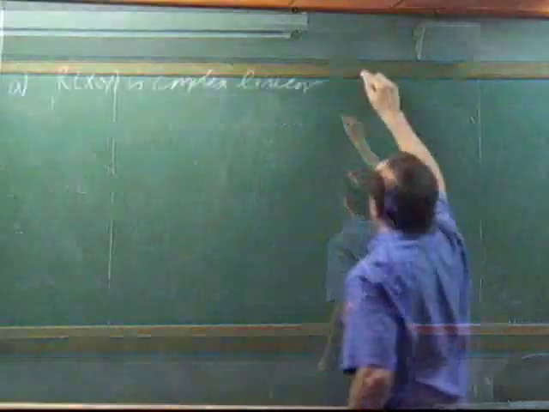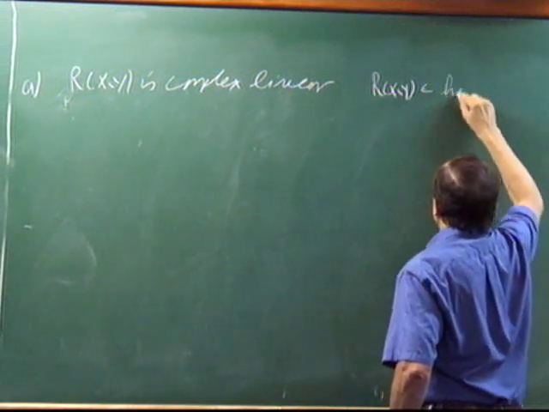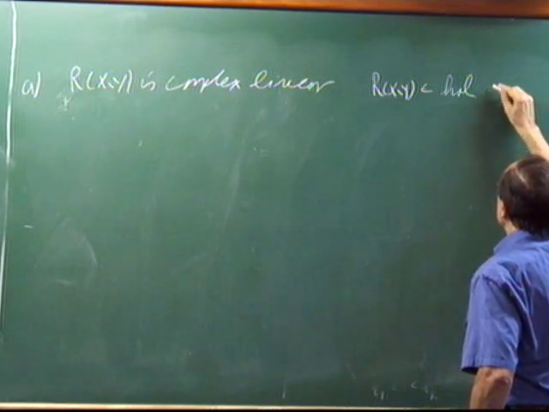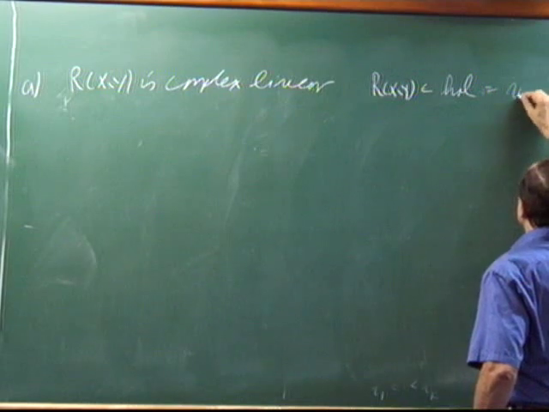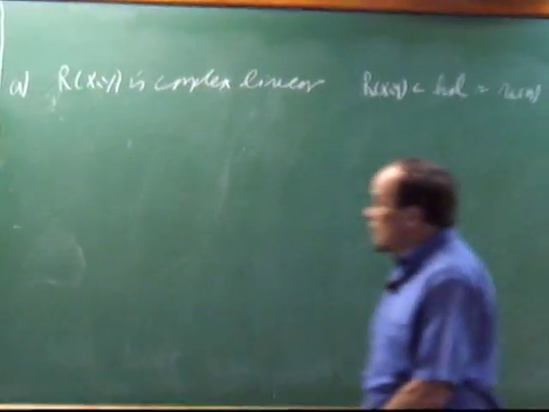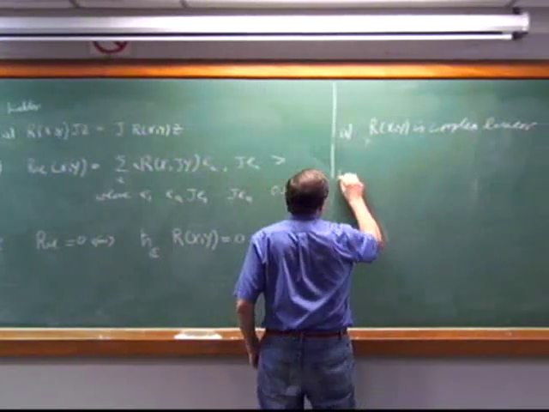Well, remember that R(X,Y) is an element of the holonomy Lie algebra, and we're assuming that it's equal to u(n). In particular, it's complex linear. So that's just an obvious consequence of things we said about the holonomy group. Part B is a small computation.